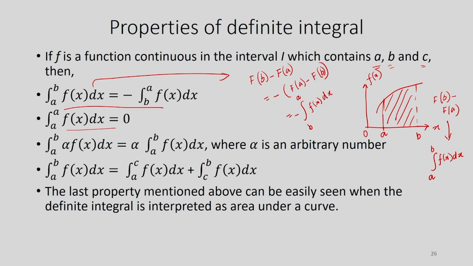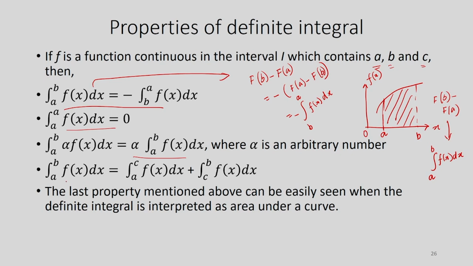Now, this is equivalent to what we have seen in the case of indefinite integral. There also, if you have a constant term in the integrand, then it can be brought out. Here the same thing is occurring, the difference being that we are talking about definite integrals here.